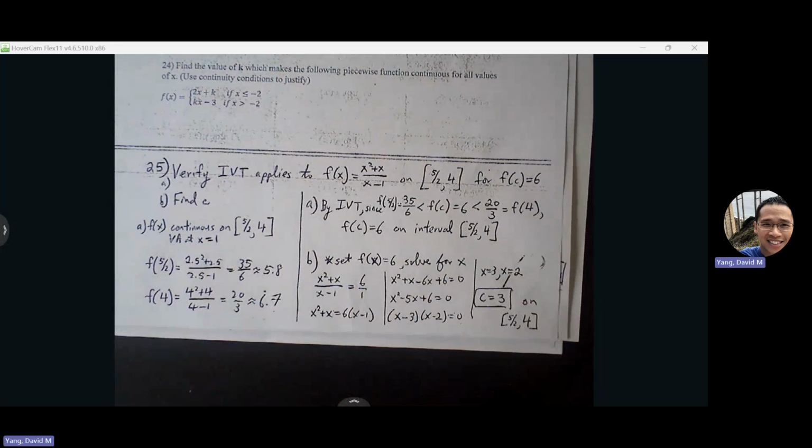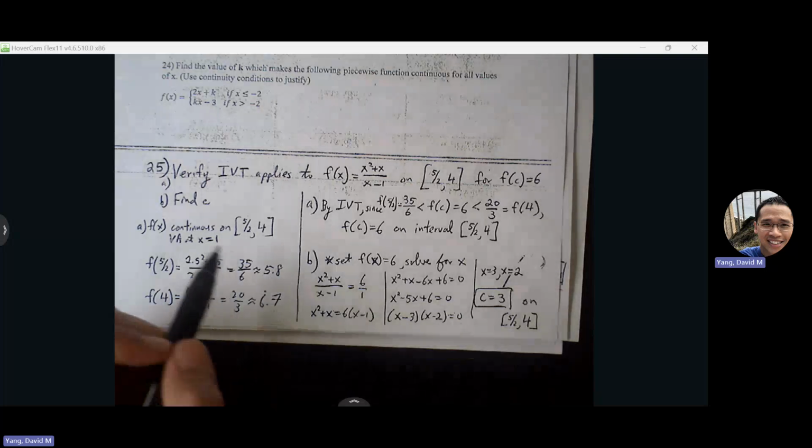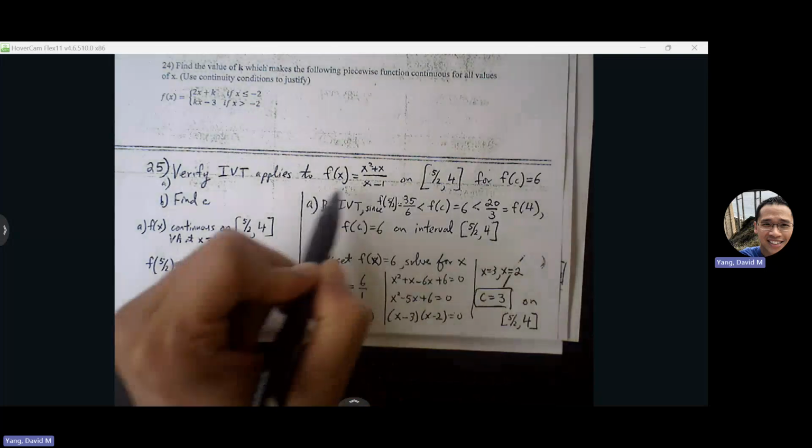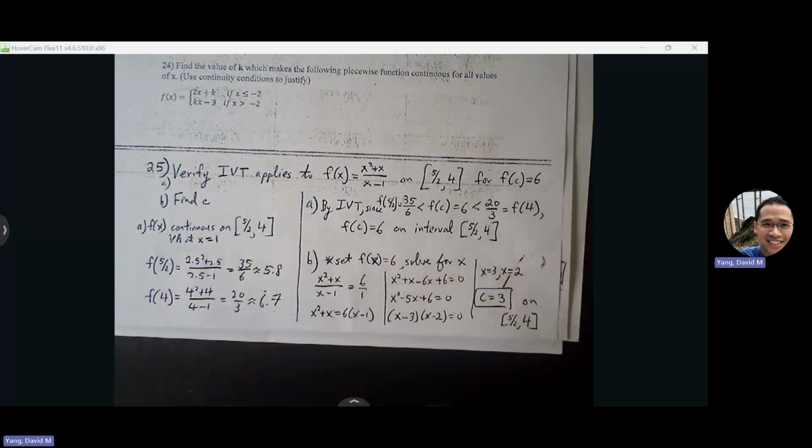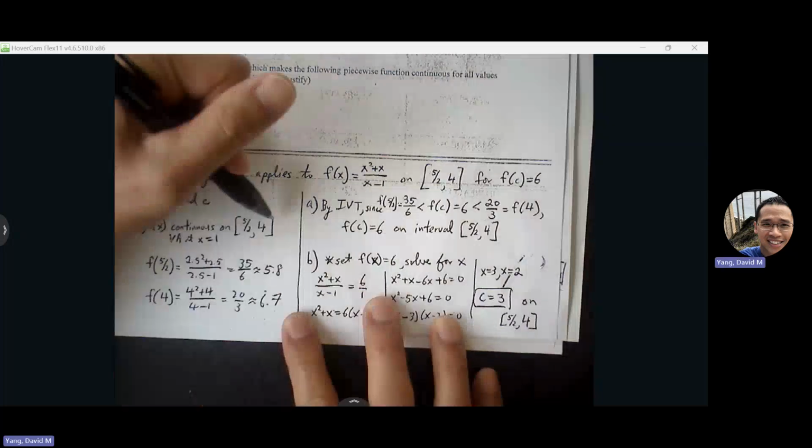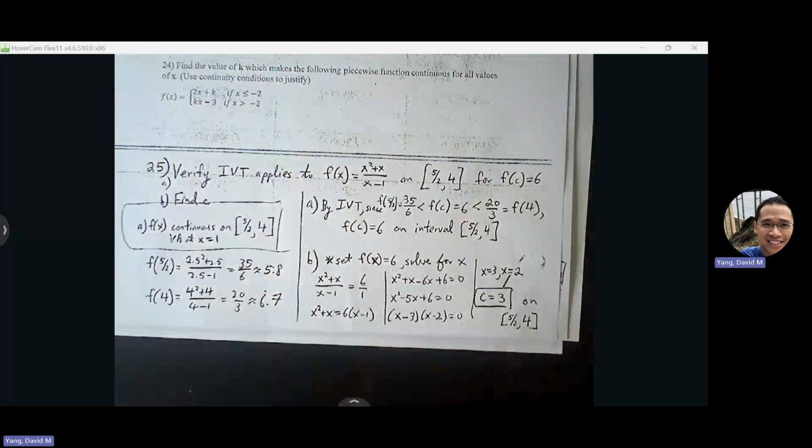So IVT is not hard, but it is a little messy in the way that we write our justification. And don't forget to write your continuity statement. I see a lot of students on the test who do everything right, and they just didn't write that continuity statement, and they end up losing a point.